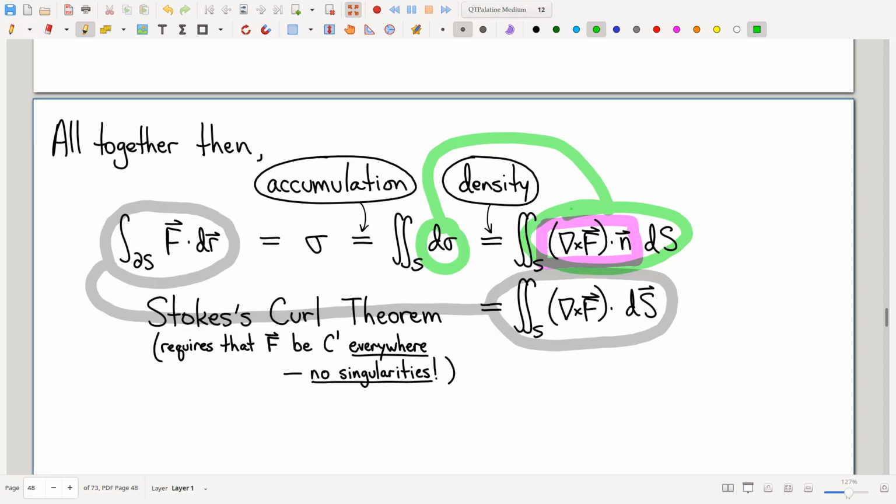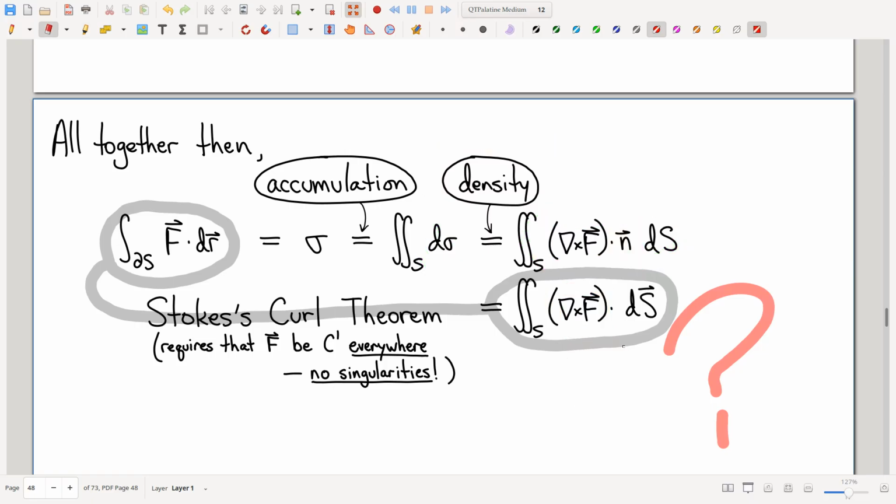Reasonable question to ask then, okay, well, yeah, but what does that mean about curl itself? Right, so curl dot n, we've talked about what that is. Curl dot n is density. It's circulation per unit area. But curl itself, how do we think about this?